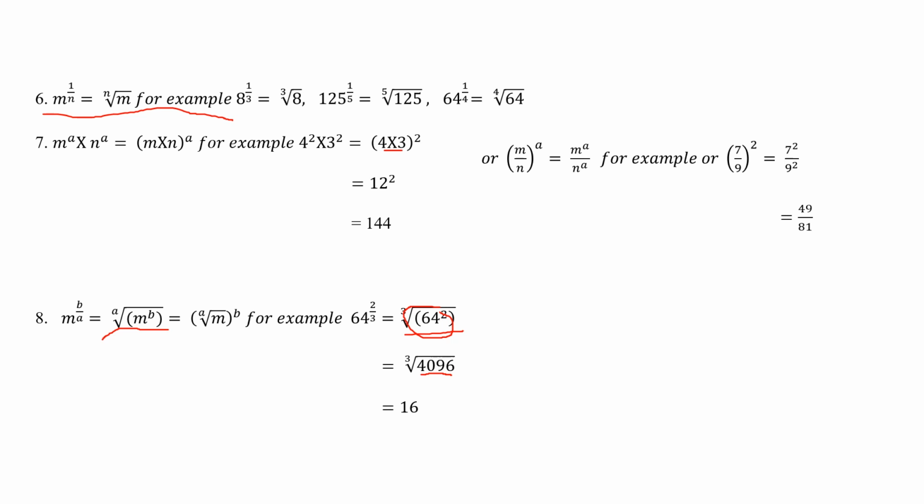Then I get the cube root of that one as the 16. Or we can have the 64 power 2 all over 3 as we first take the cube root of the 64, which is a 4 there, then leaving the square outside, then thereafter we square the 4 to get the 16.